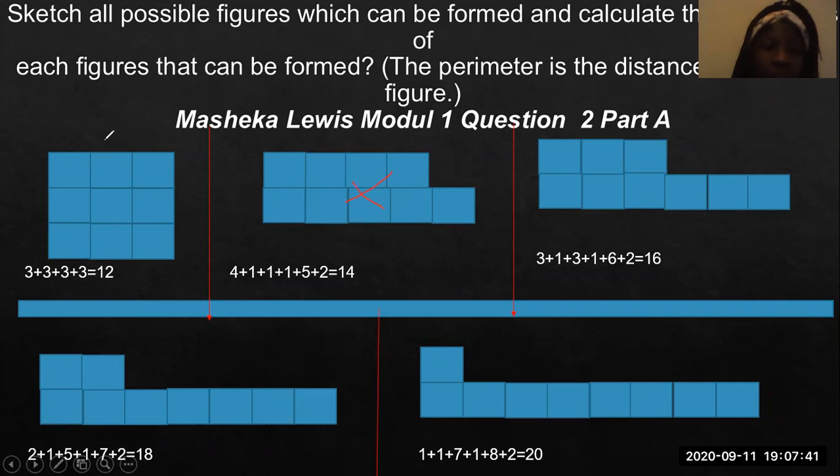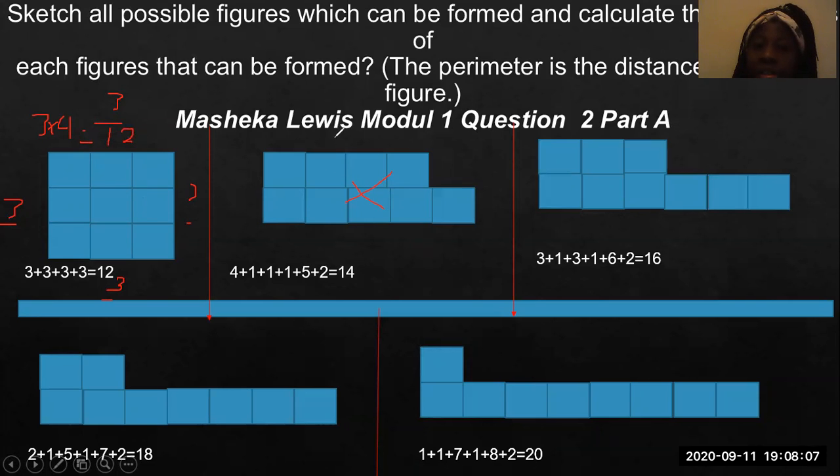So like I said, this is 3, 3, 3, 3. As you notice, they're all equal to 3, and there's 4 sides. So to find the perimeter of this shape, you do 3 times the number of sides, which is 4, and that equals 12. That is also the perimeter.